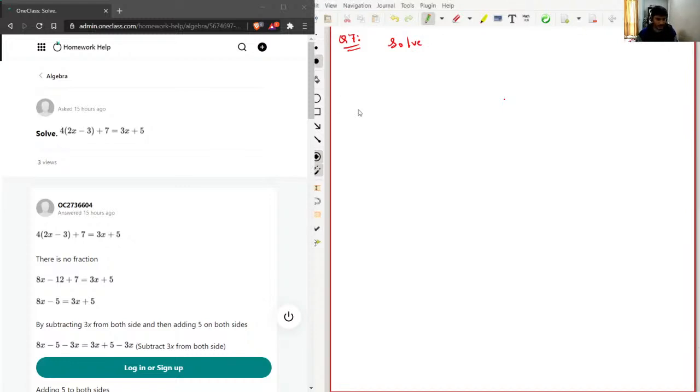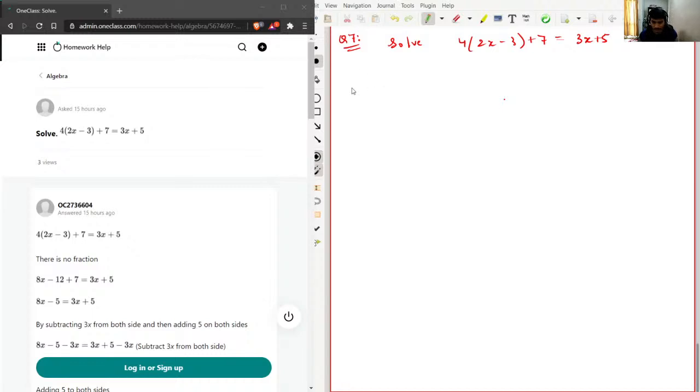Yep. Okay. So we need to solve for 4 times (2x minus 3) plus 7 equal to 3x plus 5. So basically we'll be solving this equation for x, and we'll find the value of x.